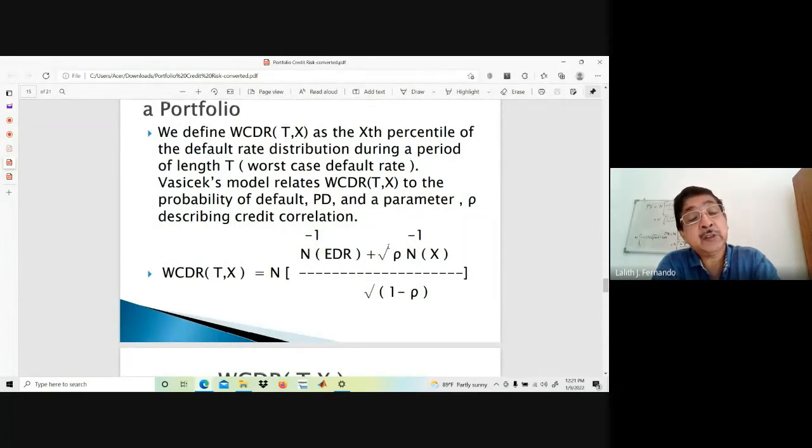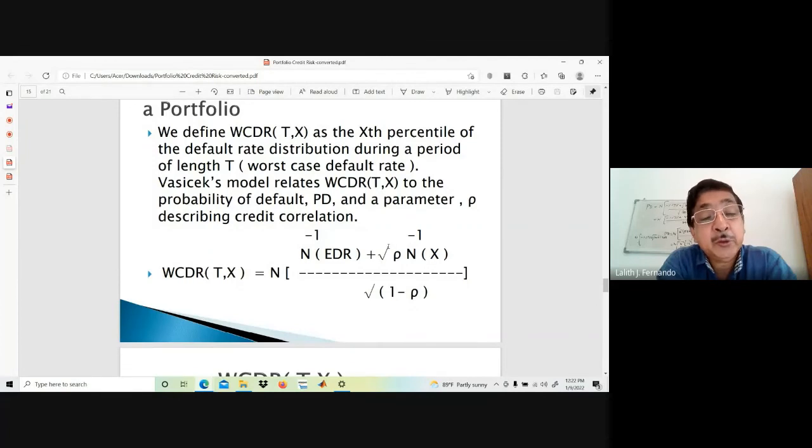So you just expect the particular time period as 2 years. Within 2 years, if the worst happens, what would be the default rate of that portfolio? So that is what you mean by worst case default rate.